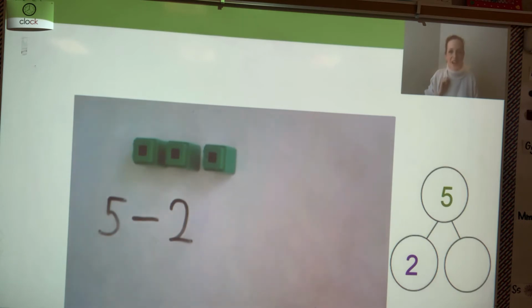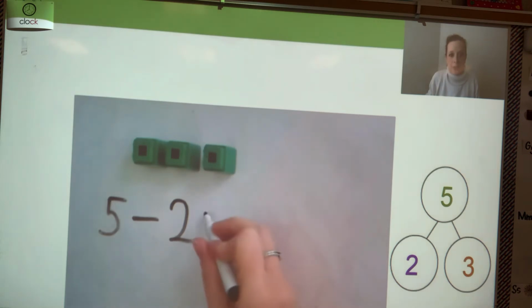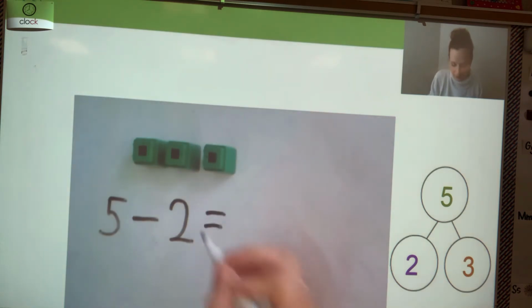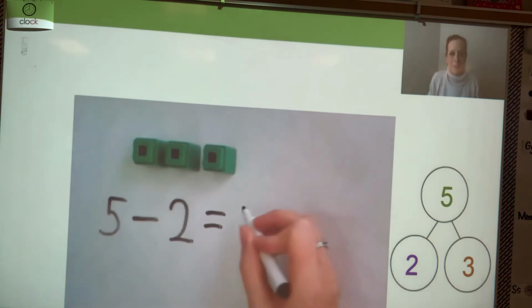Good. I heard you whispering that 3 frogs are left. Let's write our equal sign and the number 3. First our equal sign, and now the number 3.